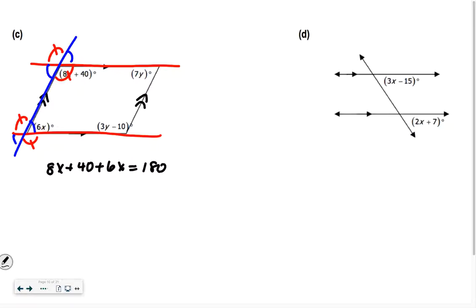I guess I didn't really need these other parallel lines, so we can get rid of those. I'll show you why in a sec. So we get 14x plus 40 equals 180. So we have 14x equals 140. So x is equal to 10.